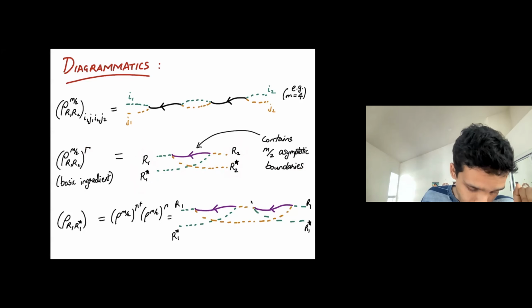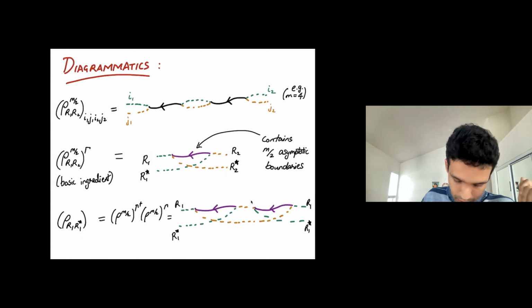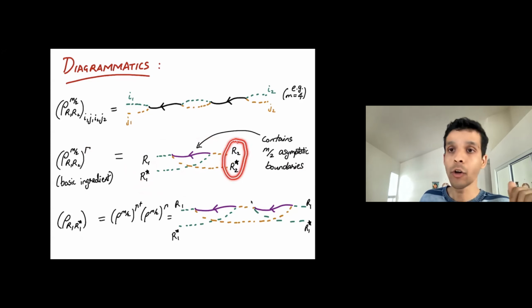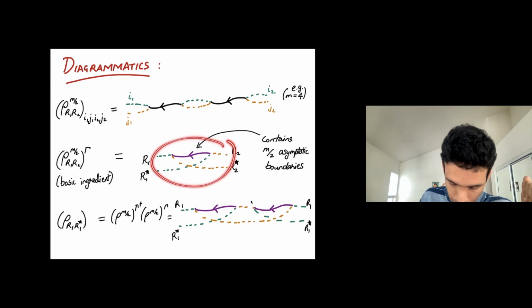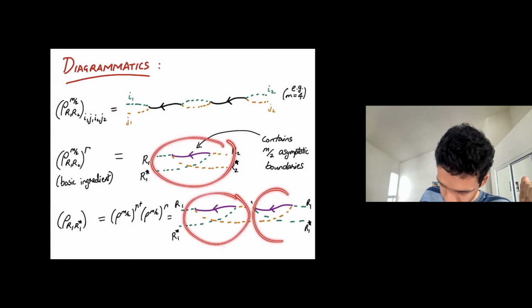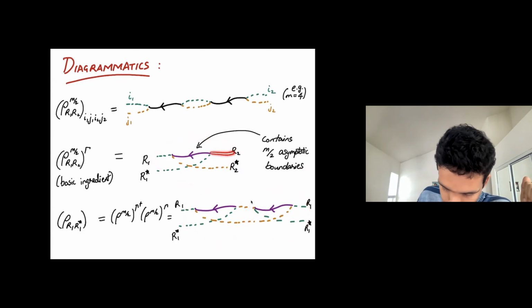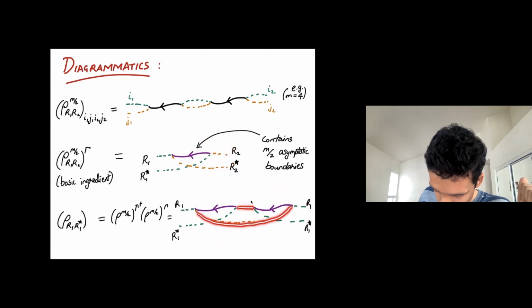Once we have that, we can look at what the density matrix on R1, R1 star is. In this state, we'd like to trace out the R2 and R2 star degrees of freedom. So we take two copies of this picture and glue them together on these labels, tracing out the orange labels.